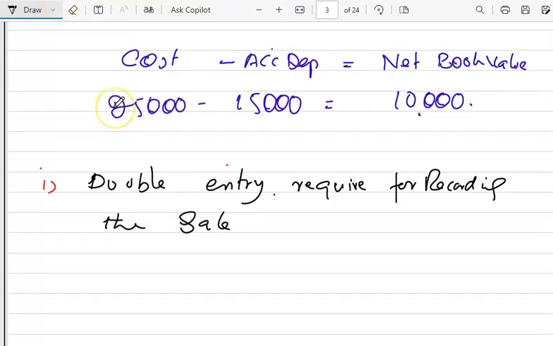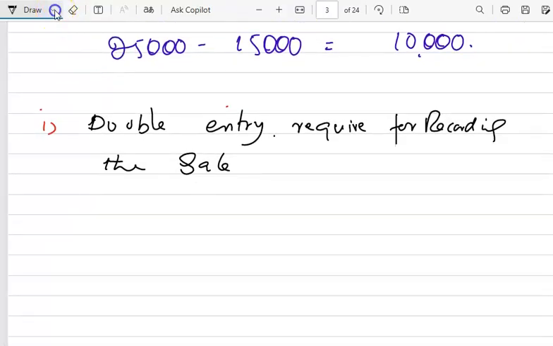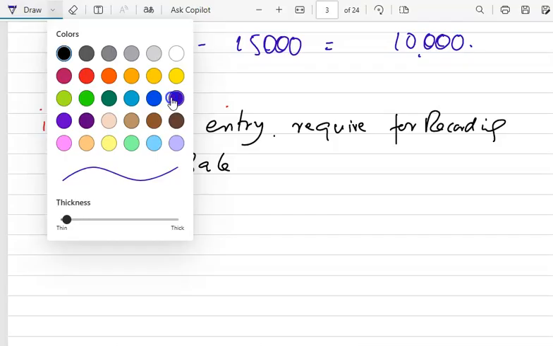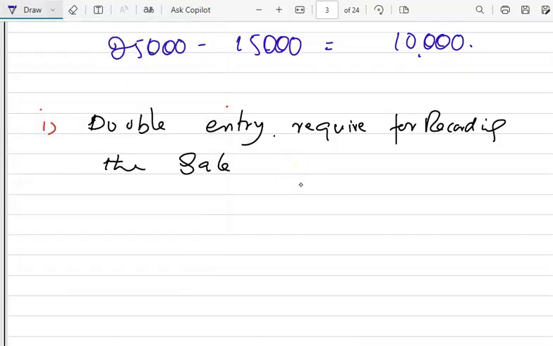So what should be the double entry? Debit will be bank, with how much amount of money I received, 17,000, and credit will be sale proceed.